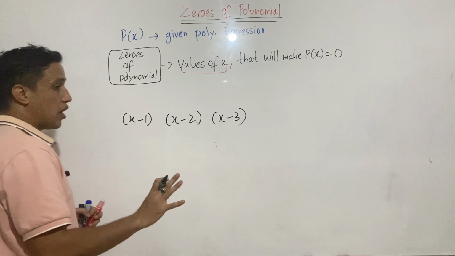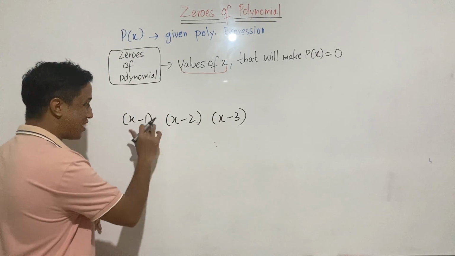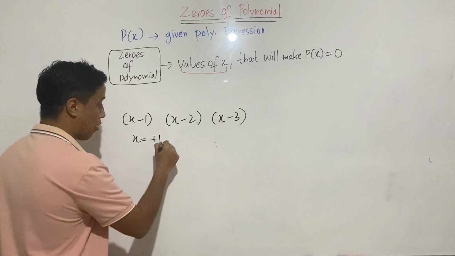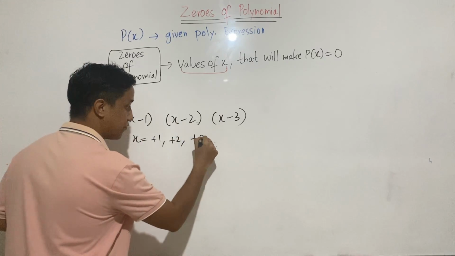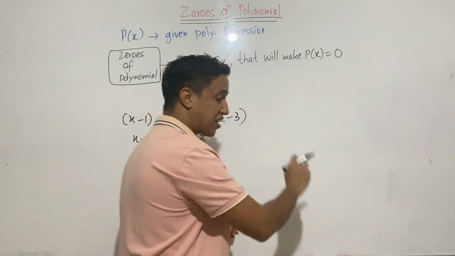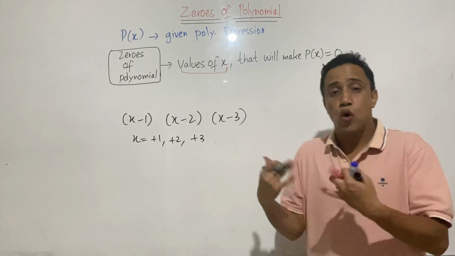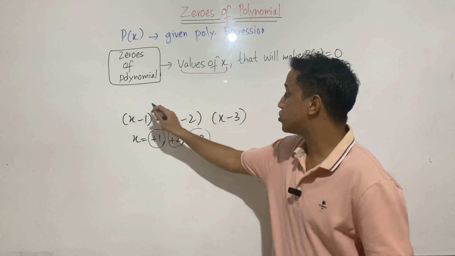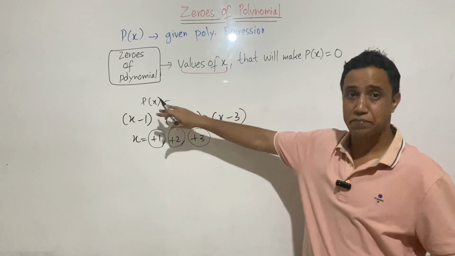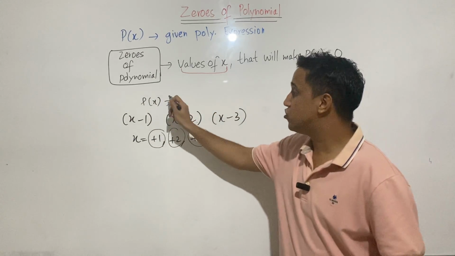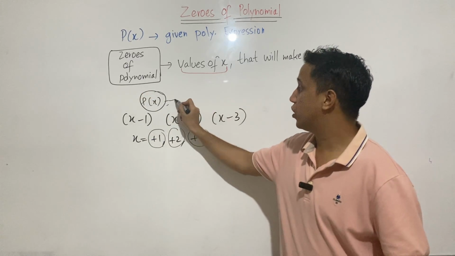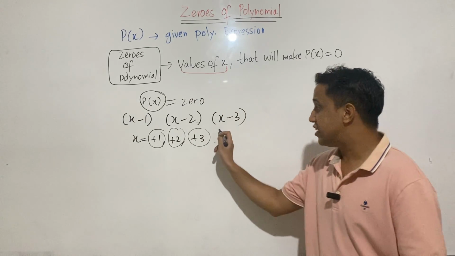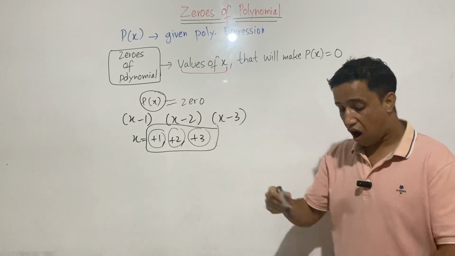So it means that the value of x is going to be positive 1 or positive 2 or positive 3. So x is going to have three values, which means that if you put any of these values in the main polynomial expression or dividend, the value of this whole expression will get 0.